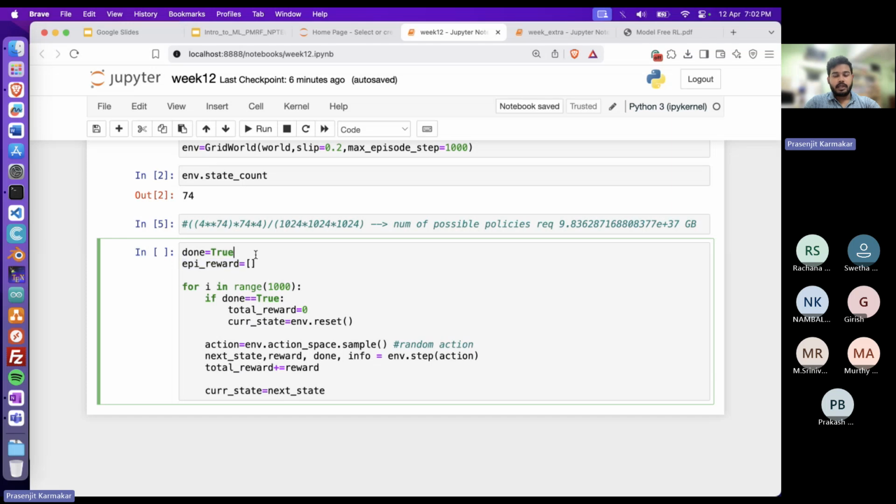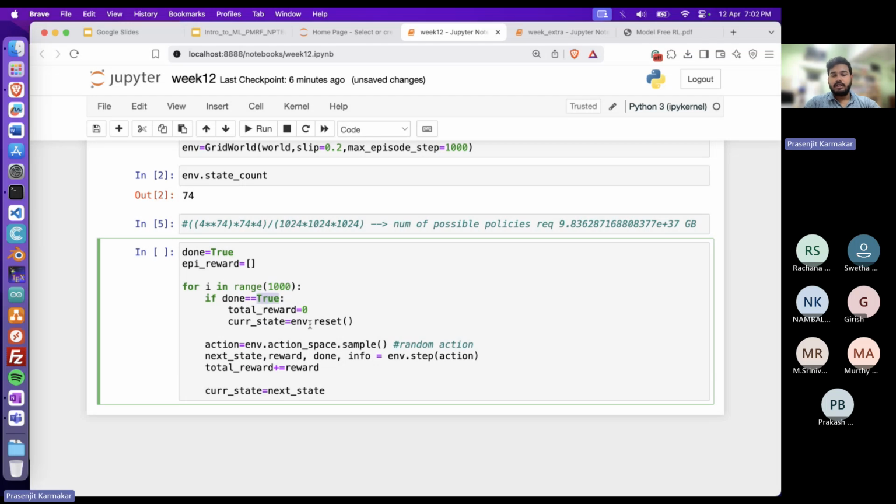So what I can do is check if i is not equal to 0. The first time i would be 0.